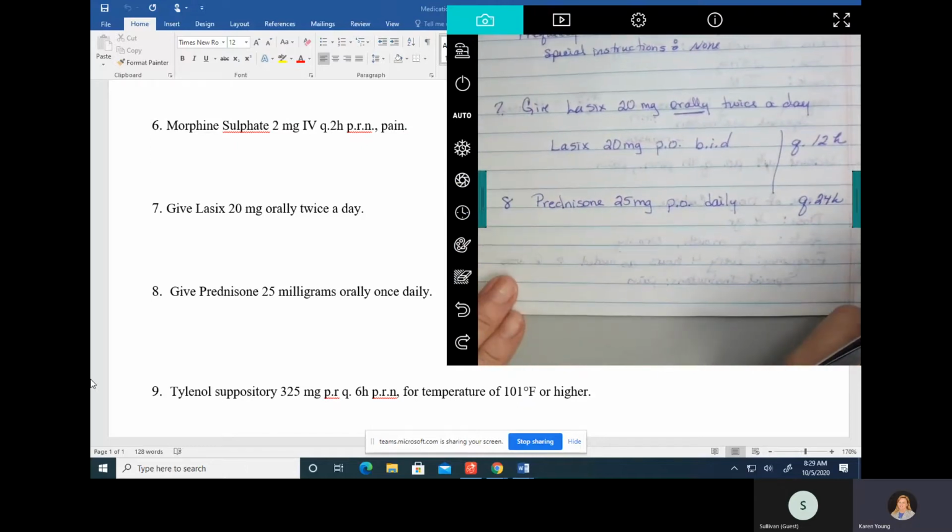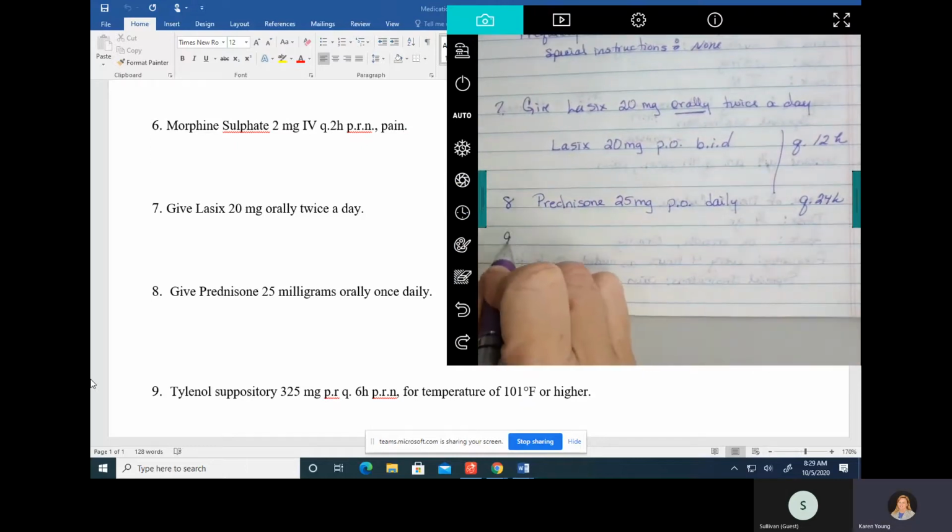All right, so let's look at number 9. I have a Tylenol suppository, 325 milligrams, PR, every 6 hours, PRN, for temperature of 101 degrees or higher. Okay, that's written as an order.